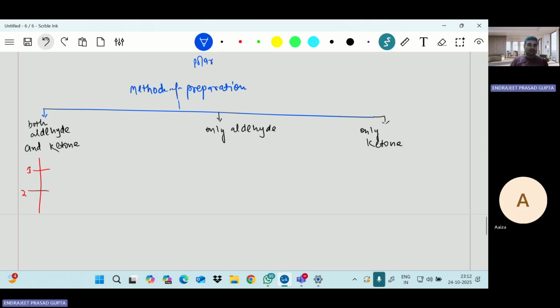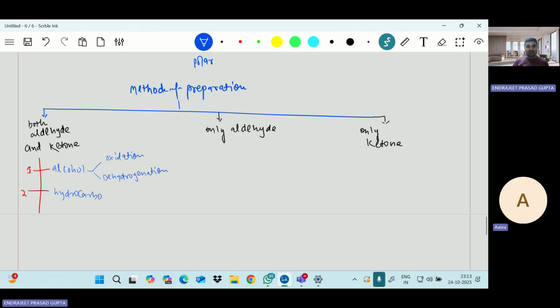Let me write only two methods. One is alcohol; in alcohol, two things are there: one is oxidation, another is dehydrogenation or elimination. And then the second is from hydrocarbon.